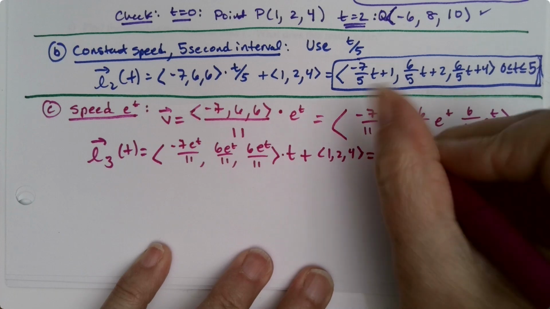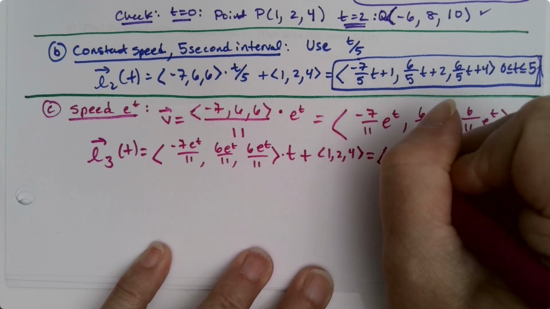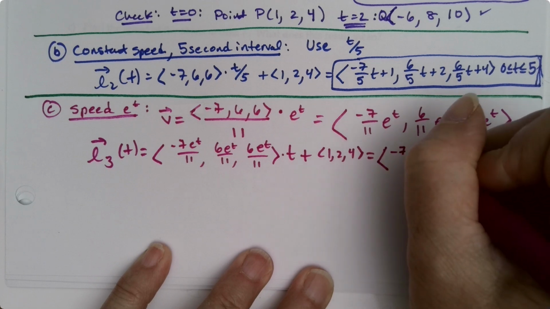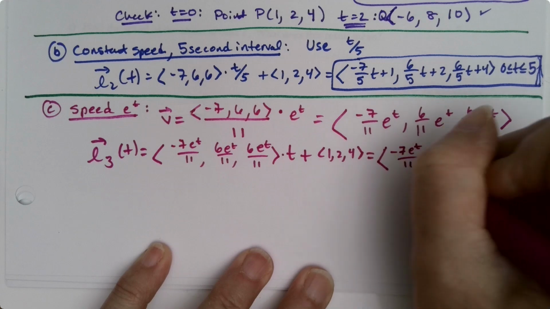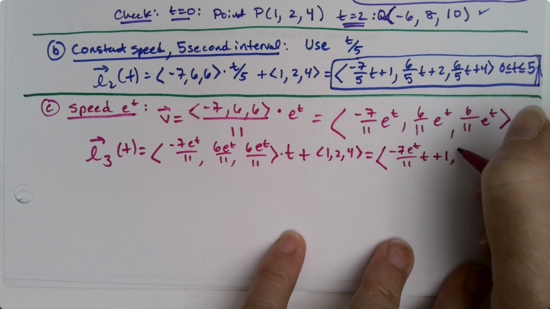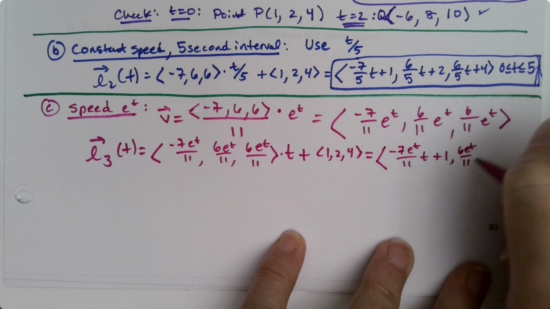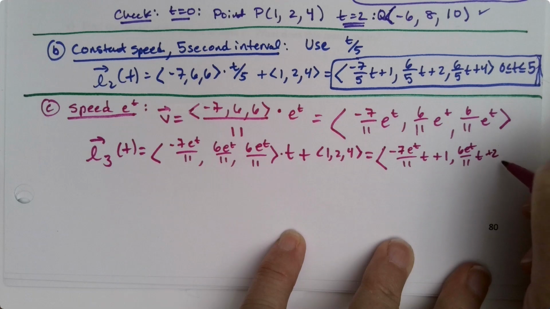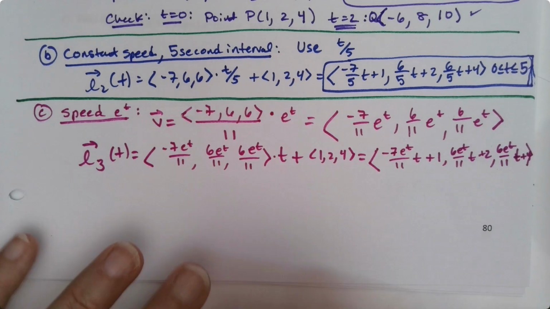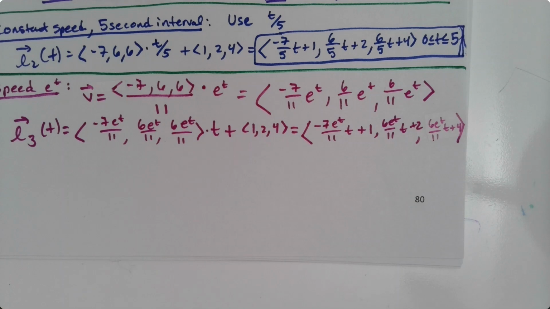All right, so this would be negative 7 e to the t over 11 t plus 1, 6 e to the t over 11 t plus 2, 6 e to the t over 11 t plus 4. Let's see if I can fit it in here. Couldn't quite make it. One second. There, I rewrote it just so it fits in.